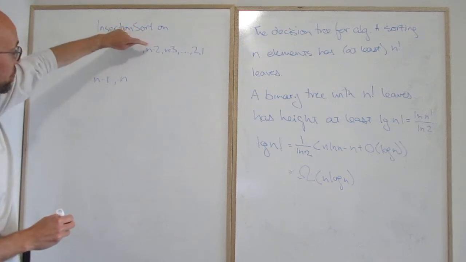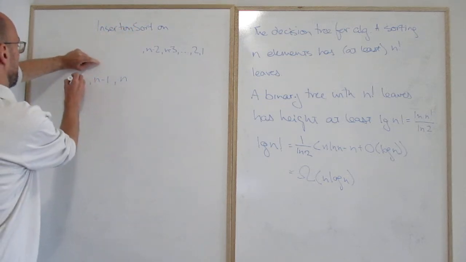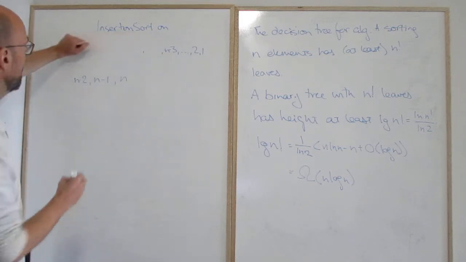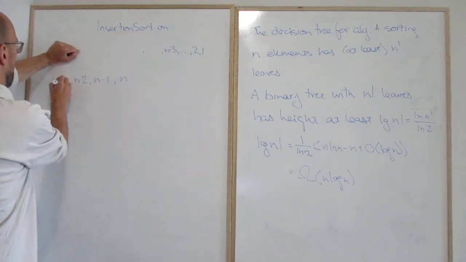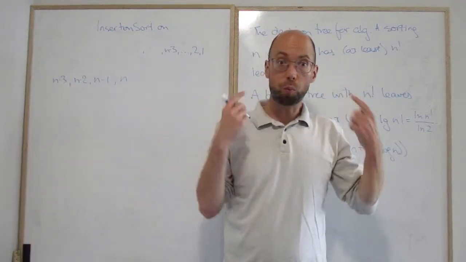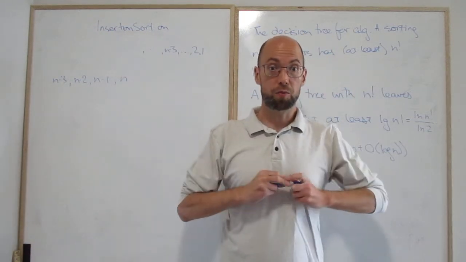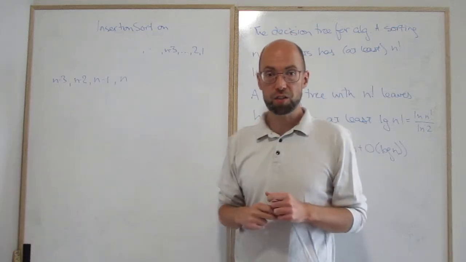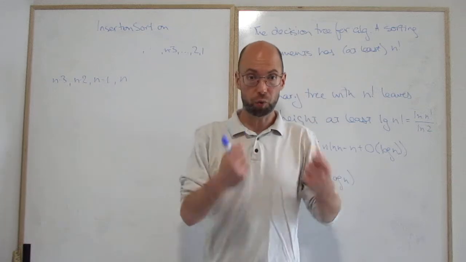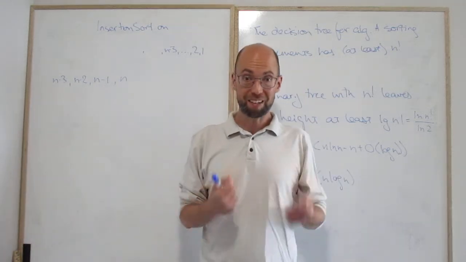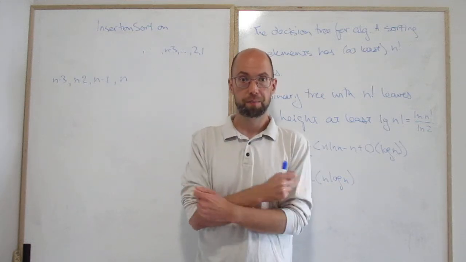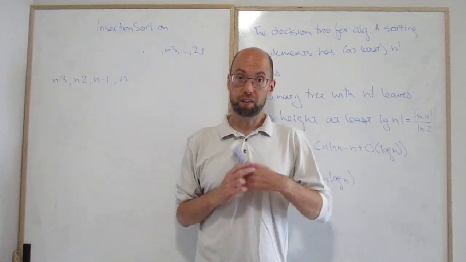It's going to take n minus 2, compare it to n minus 1, and put n minus 2 in front of n minus 1. Then it takes n minus 3, compares it to n minus 2, and puts n minus 3 in front of n minus 2. So for each of these numbers, it's going to do one comparison, so it's going to run in linear time. So actually the worst case for this is when you give it a sorted list, and insertion sort's best case is when you give it a list that's backwards. And in its best case, it takes linear time.